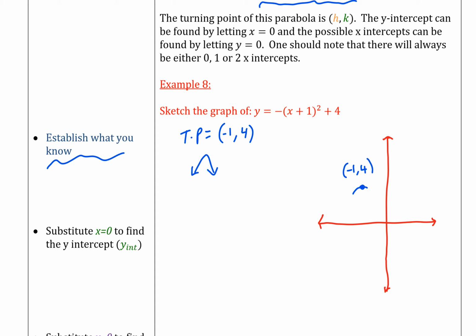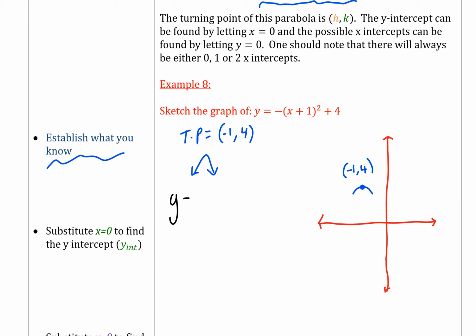Recognizing that this will go down with time should help me see that there are both two x-intercepts and a y-intercept here. So, how would I find the y-intercept? Well, the first thing I can do is let x equal 0.